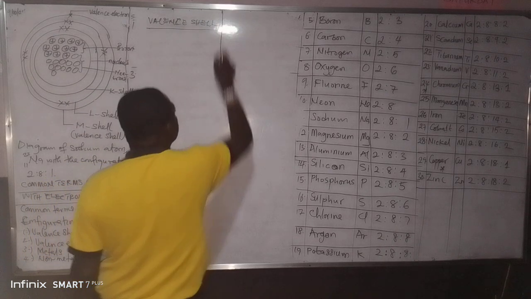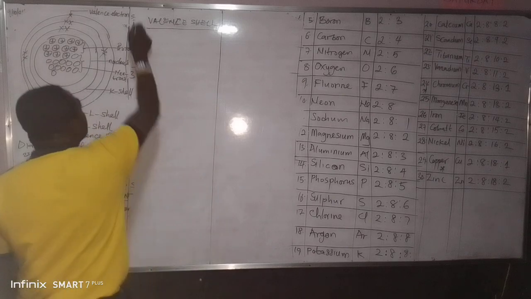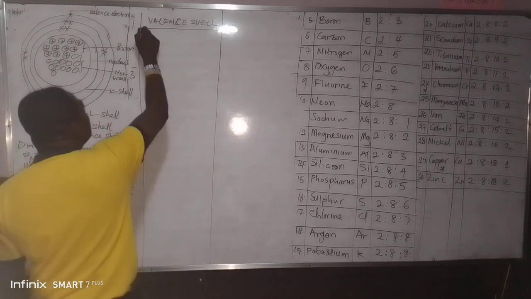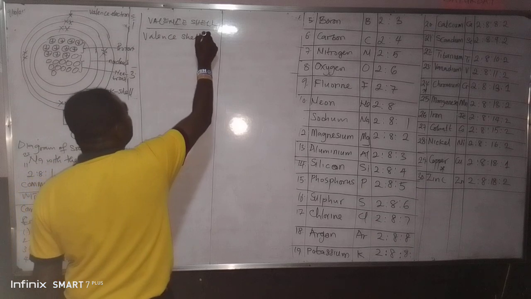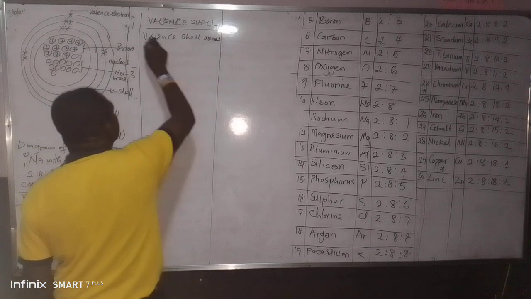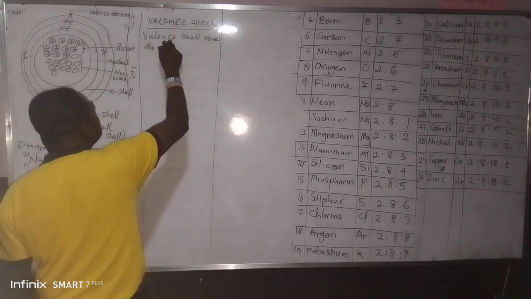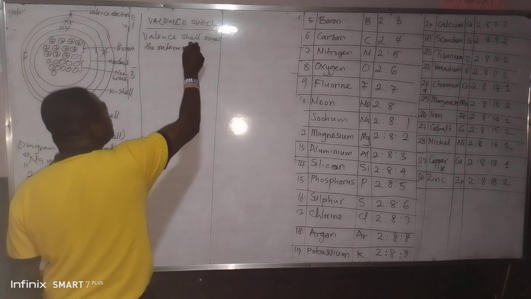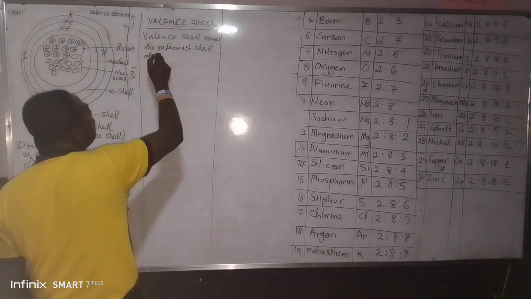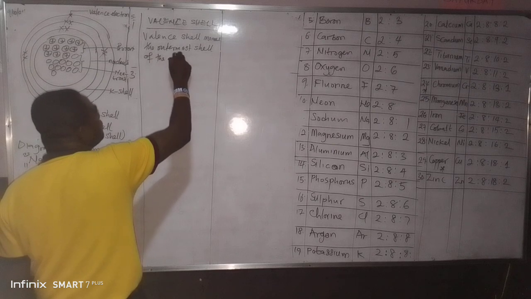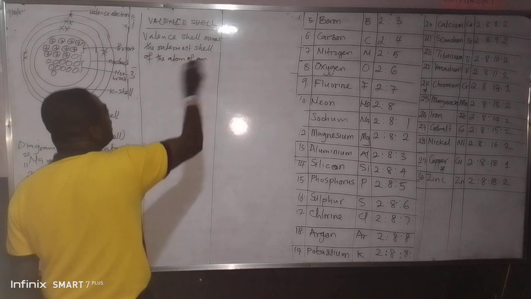What is valence shell? Valence shell means the outermost shell of the atom of an element.